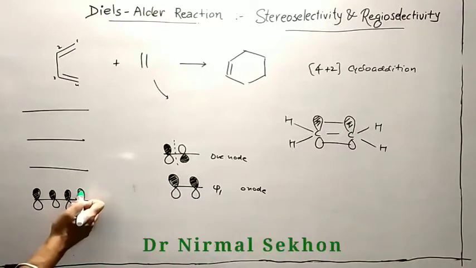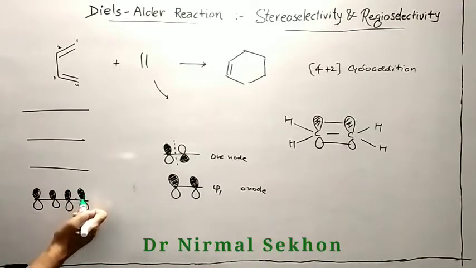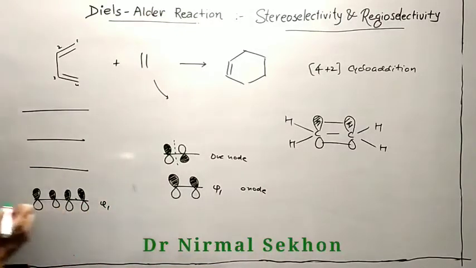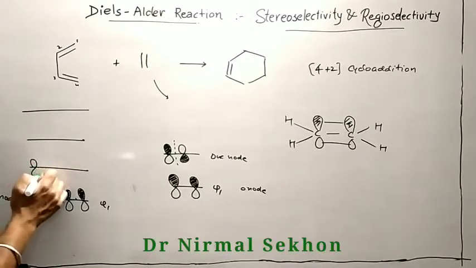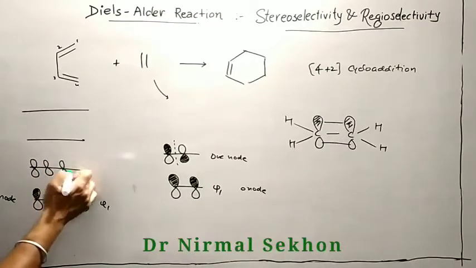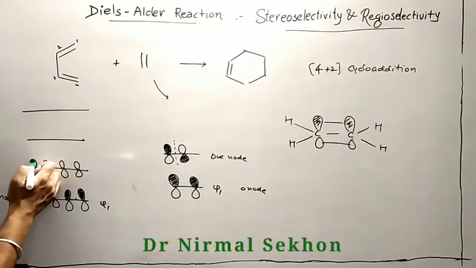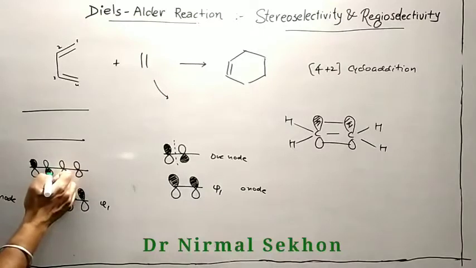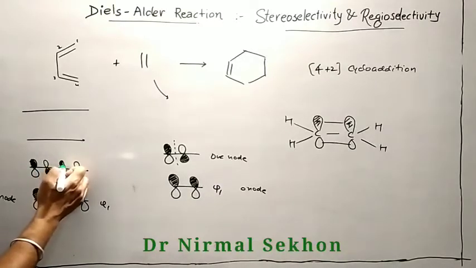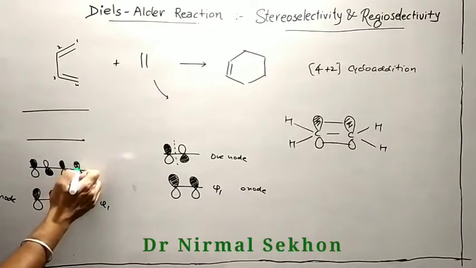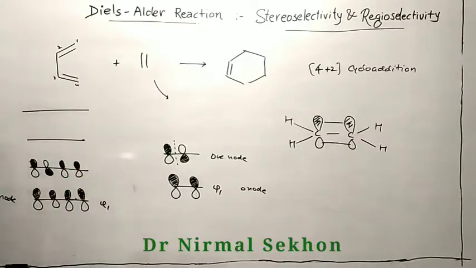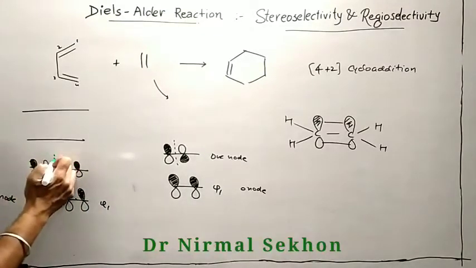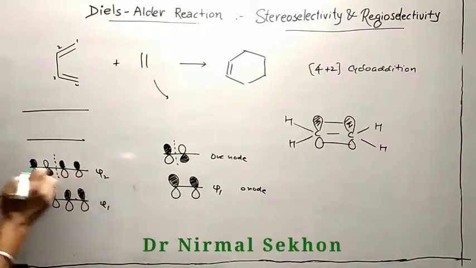The dark means positive, so this is your psi1, corresponding to 0 nodes. Now another orbital, the second molecular orbital, involves the overlapping of 1 with 2 and 3 with 4. There is 1 node. This is known as psi2.